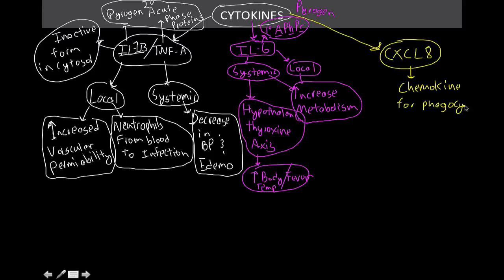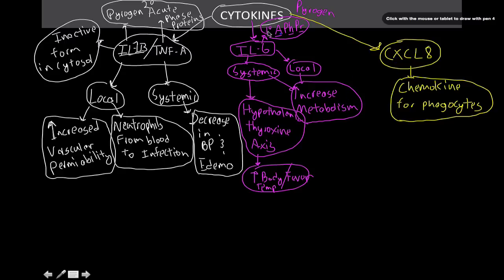It gets them out of the blood, with the help of tumor necrosis factor, to the tissues at the sites of infection. And also notice that whereas interleukin 6, interleukin 1 beta and tumor necrosis factor are pyrogens and acute phase proteins, this is not a pyrogen and this is not an acute phase protein.